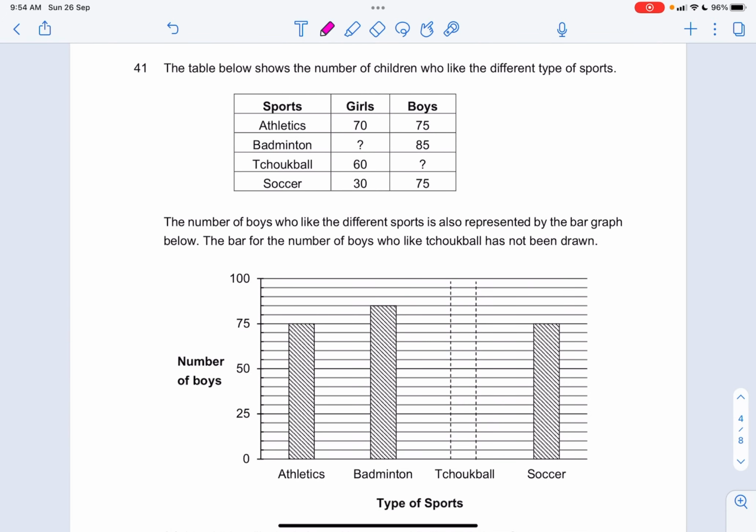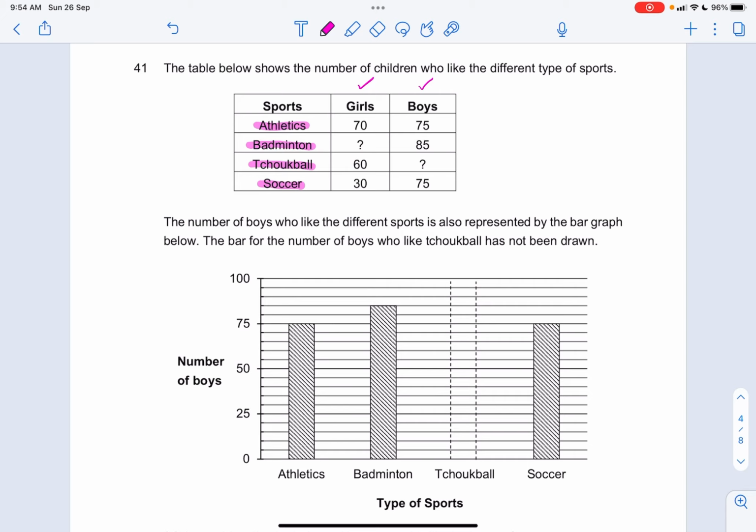Question 41 is a question on graphs. We have the number of children who like sports. There's athletics, like track and field, running, badminton, tchoukball, and soccer, as well as the number of girls and the number of boys who like playing them.